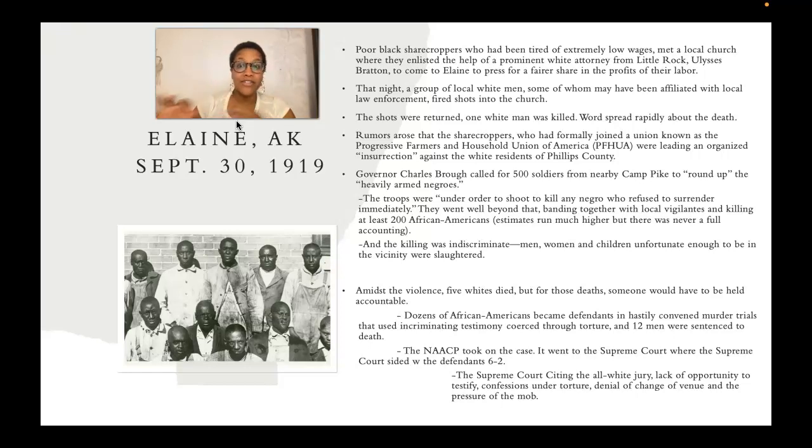There was a denial of a change of venue, and also pressure from the mob, right, to indict and to convict. Because even during this initial trial, if they had been found innocent, the mob waiting outside the door would have definitely not accepted that and then found them guilty and lynched all of them anyway, right?